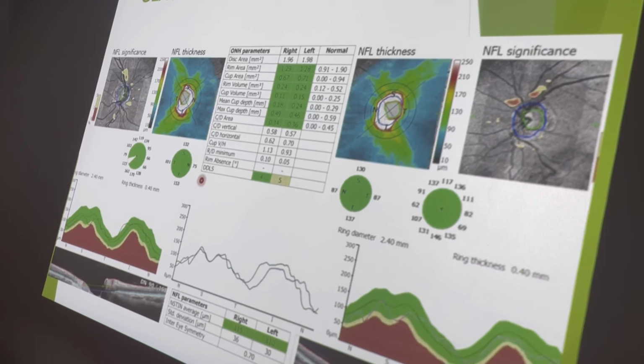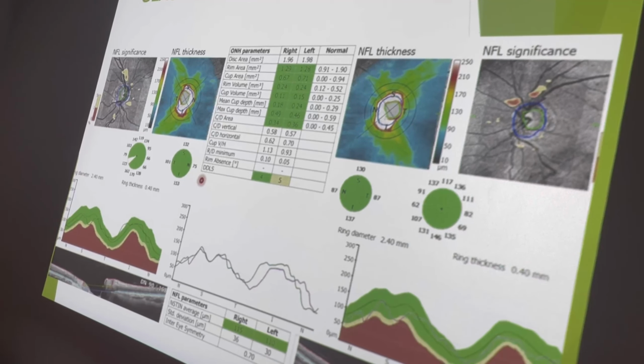Then another is preperimetric glaucoma. With the advent of OCT, we are diagnosing so many preperimetric glaucomas. Preperimetric means the patient has raised IOP and disc changes, but visual fields are completely normal. So this is a 51-year-old female patient. Her vision is 6/6, IOP is 18 and 18.